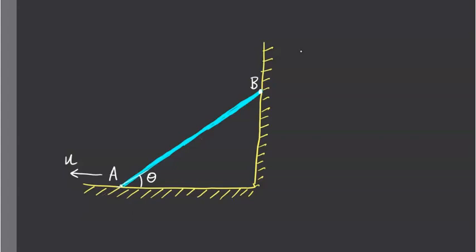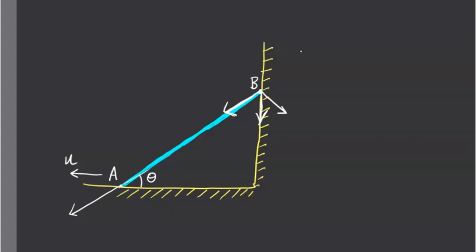Let me draw it a little bigger so you can see properly. This is along the rod, and this particular velocity of B will be downwards. The component of the velocity along the rod will be like this, and another component will be like this.